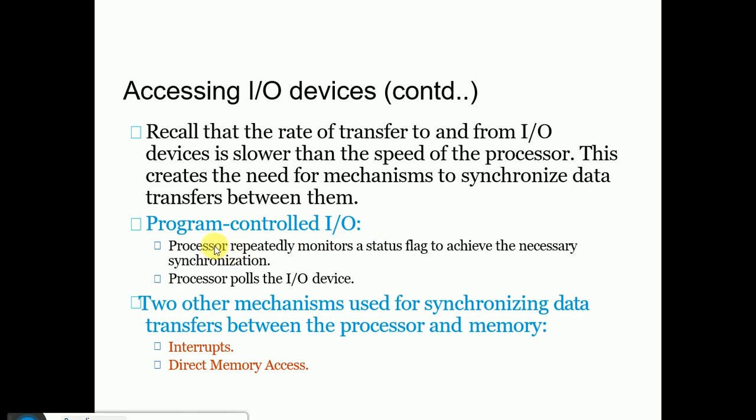So this is program control input output, and the processor repeatedly monitors a status flag to achieve the necessary synchronization. The processor polls the input output device. That is one of the important things described here: it polls the input output device.